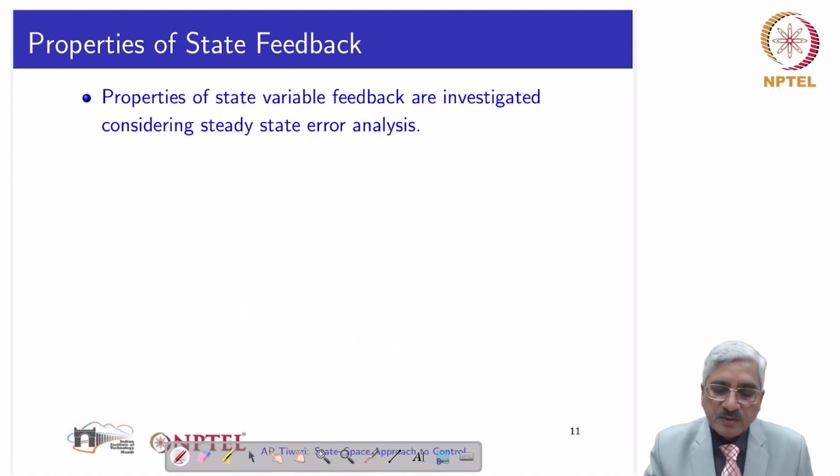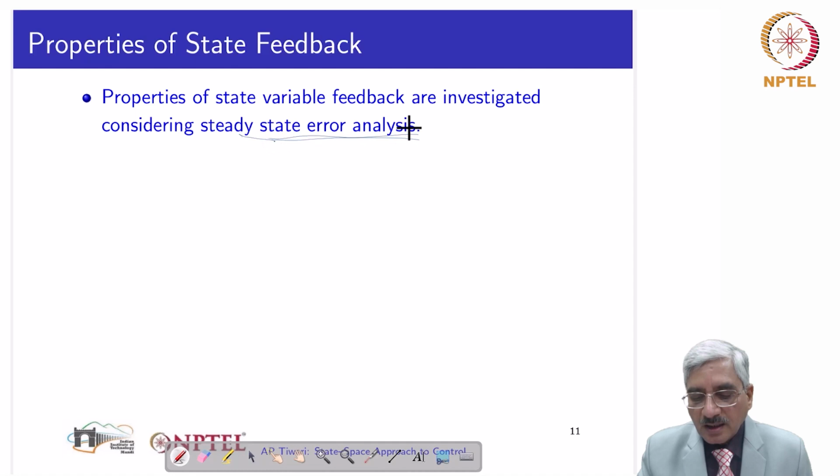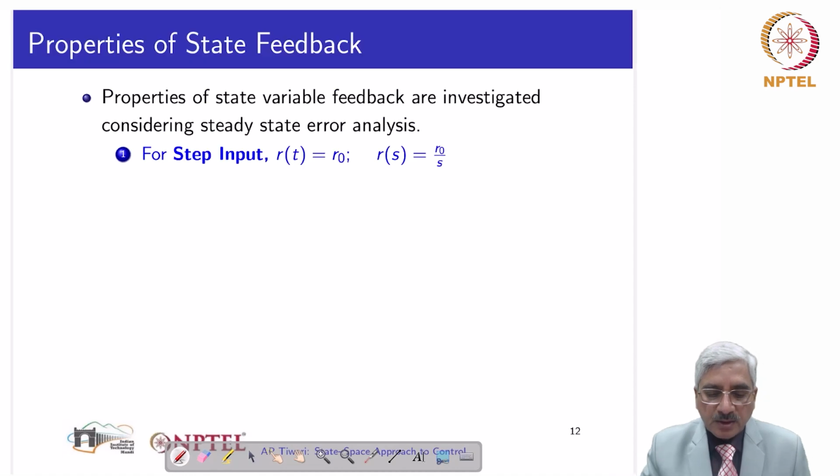Other properties we investigate based on the steady state error analysis as was done in the conventional approach. So what we do is we look at the response of the system at t tending to infinity by giving step input and ramp input.